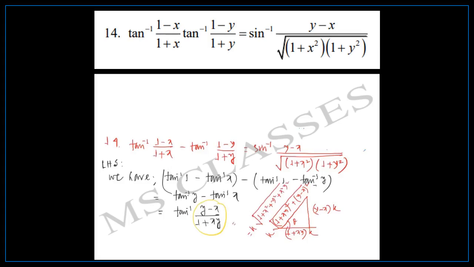Further simplification gives root over 1 plus x square into 1 plus y square. Very simple: you can take 1 plus x square common, then y square common, and you get this. Now you can convert this to sine inverse: sine inverse of (y minus x) by under root of (1 plus x square) into (1 plus y square). So this is what it is.